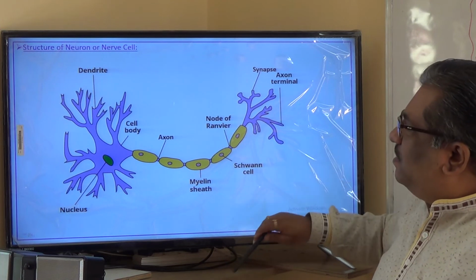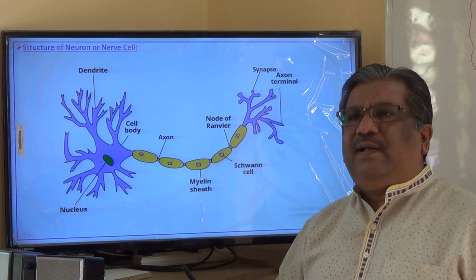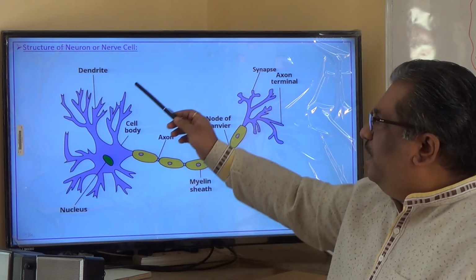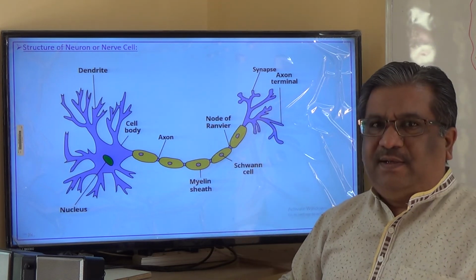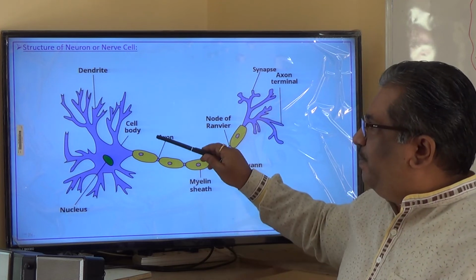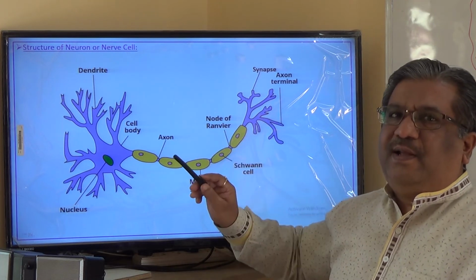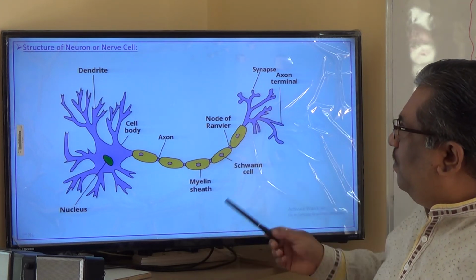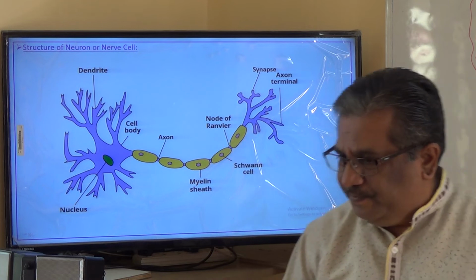So what I am saying is, you will be given the function indirectly. Based on the function, you have to identify suitable parts, and those parts are to be named by drawing a particular diagram. So practice this diagram and note down all these components. Okay.